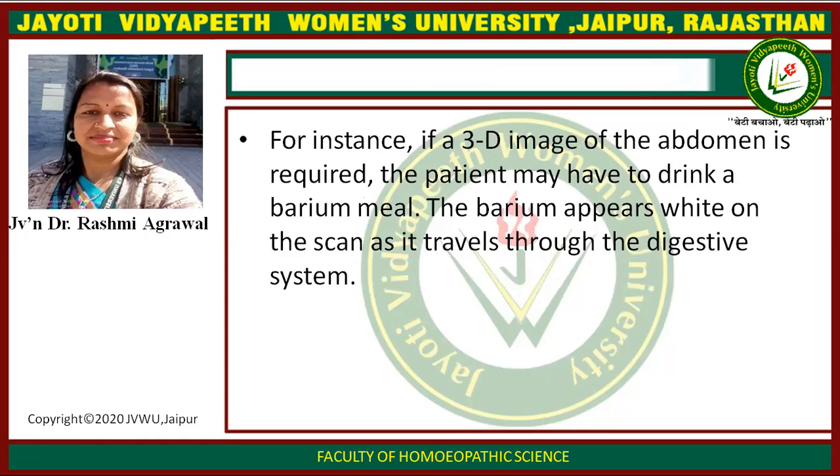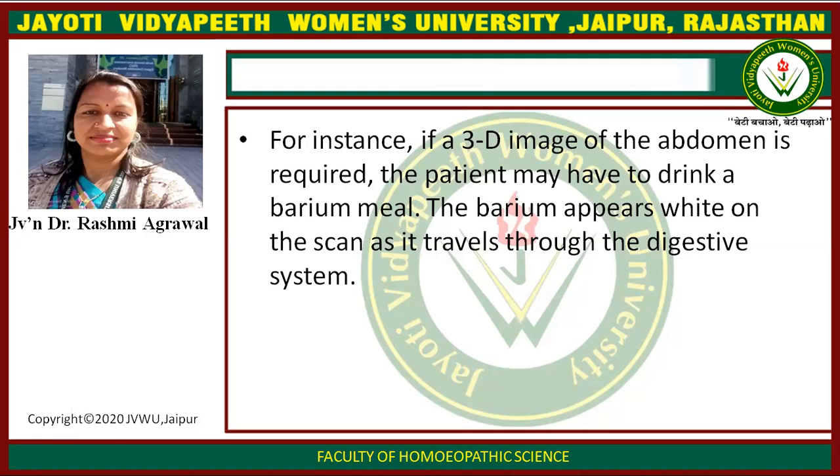Then if a 3D image of the abdomen is required, the patient may have to drink a barium meal. After giving the barium meal, the patient is lying down and the 3D images are collected. The barium appears white on the scan as it travels through the digestive system.